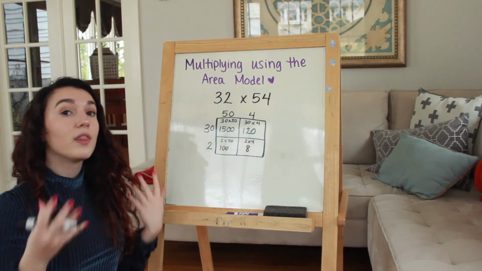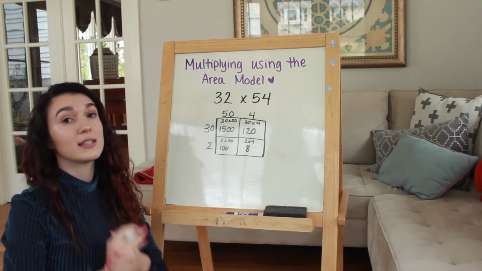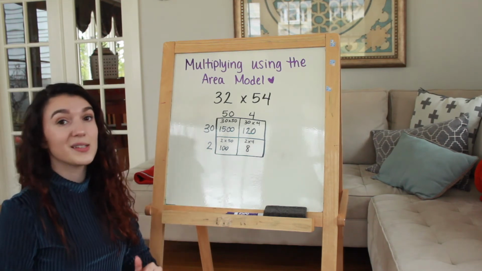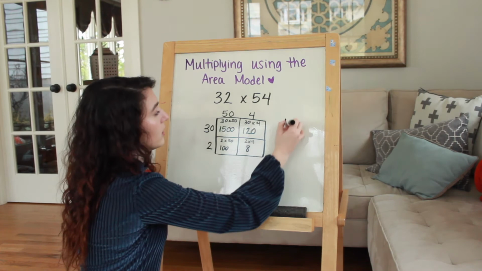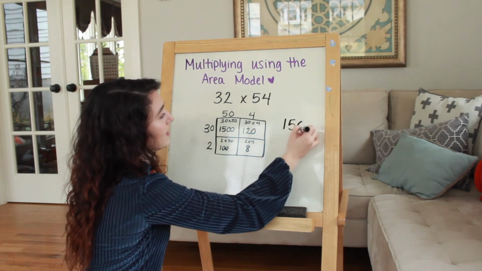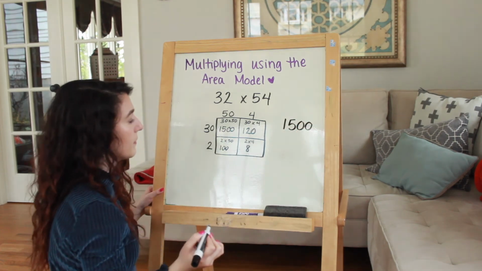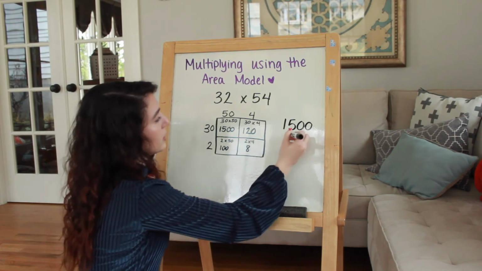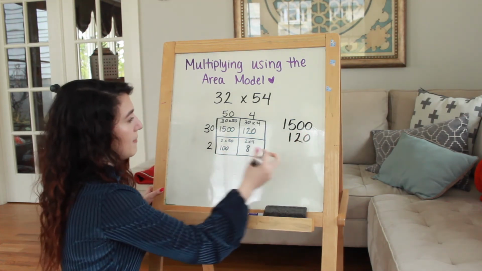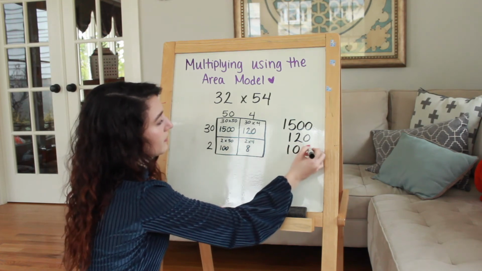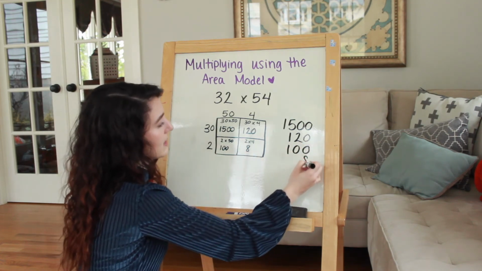Okay, now, this is super important to remember to add up these numbers, but make sure that you're lining them up in place value. I'm going to start with my biggest number because that makes me feel the most comfortable. Then I'm going to go over to my 120, then my 100, then my 8.